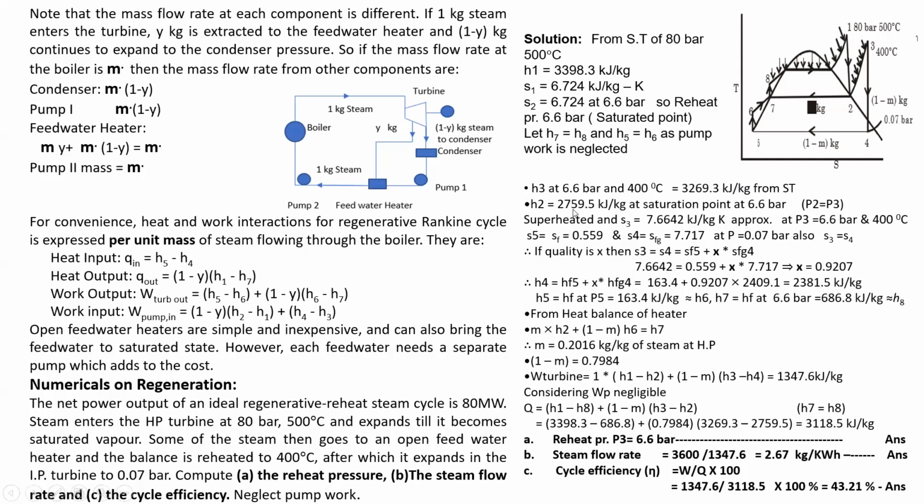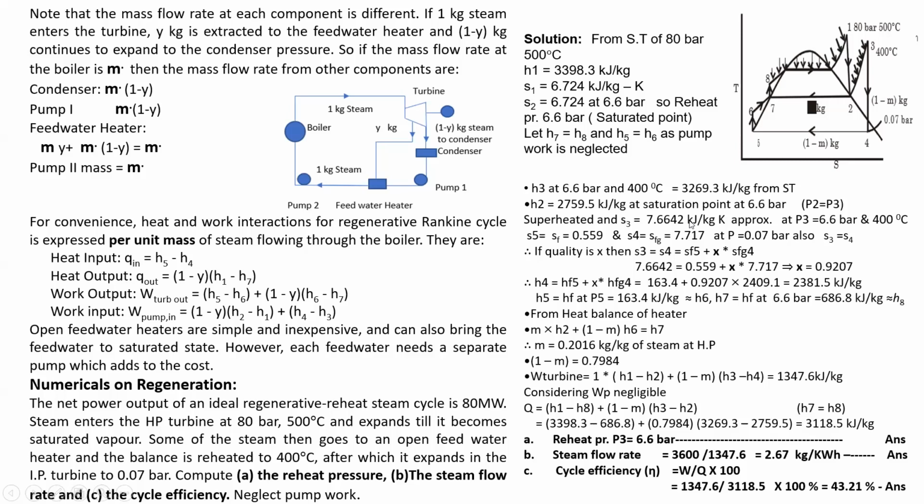H2 is equal to Hg. Already we got that directly from the saturated point at 6.6 bar, that is equal to 2759.5 kilojoules per kg. Now we'll see S3, that is S super 3, in the superheated condition. We know the two conditions, 400 degrees centigrade and 6.6 bar.